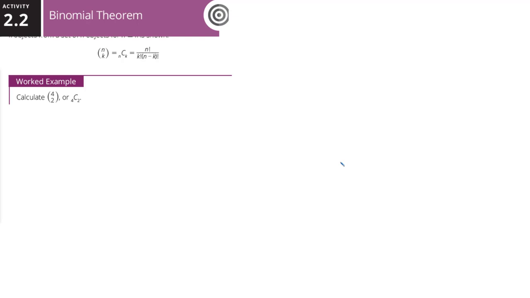If I work this out, what that means is 4 factorial divided by 2 factorial times (4 minus 2) factorial. 4 factorial means 4 times 3 times 2 times 1. 2 factorial is 2 times 1. 4 minus 2 is 2, factorial.